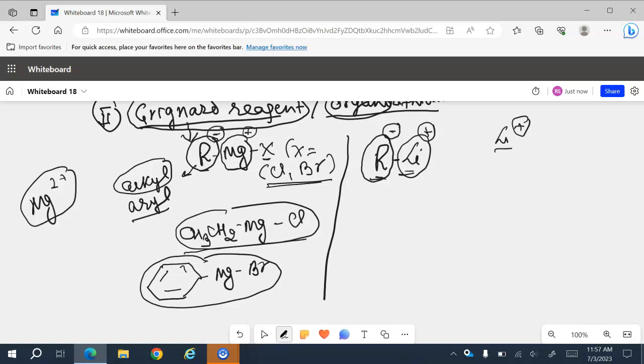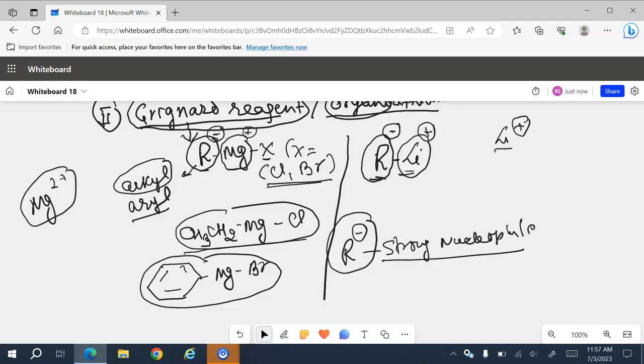So here magnesium positive, R group negative, and in organolithium, lithium is positive and R group is negative. So in both cases, the R group acts as the negative, and that will be a very strong nucleophile, and that is what will do the reaction there.